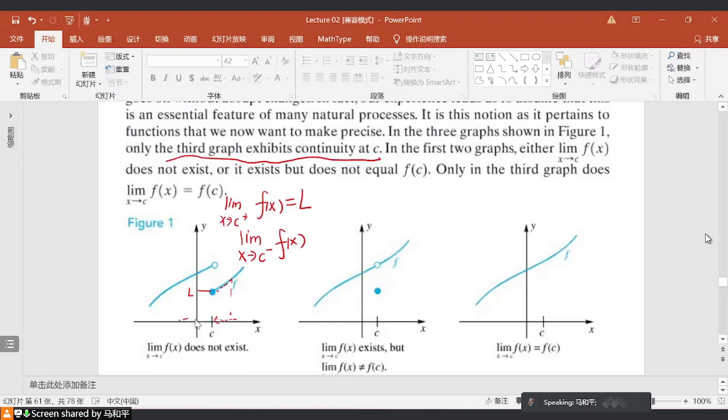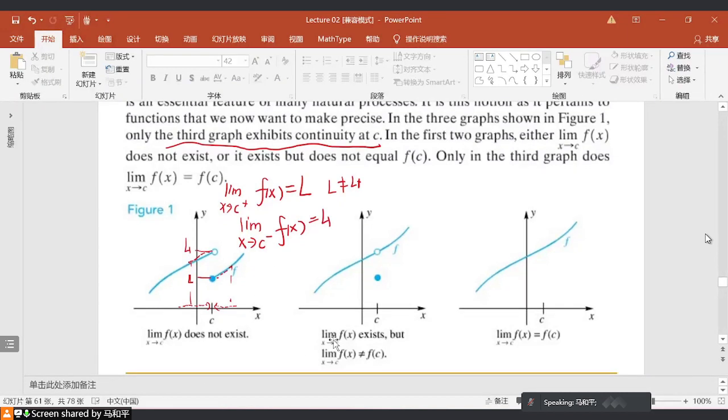This means x approaches C like this, and we have f(x) approaching this number, which we write as L1. Of course, L1 is not L, they're not the same. So the left-hand limit is not equal to the right-hand limit. This means the limit does not exist.